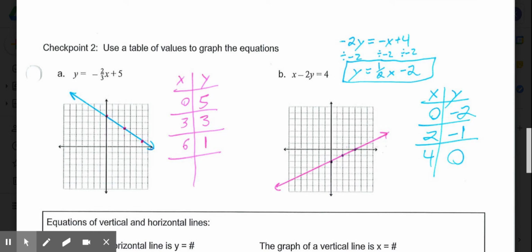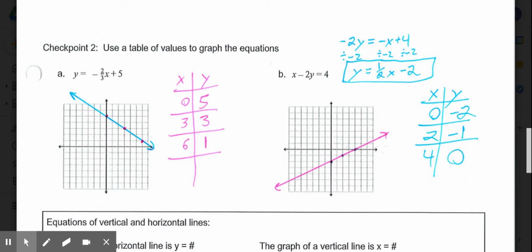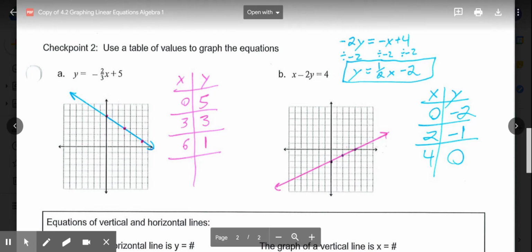If I put a 3 in here, 3 times a -2/3 is a -2, plus 5 would be a +3. And then if we put a 6 in there, 6 times a -2/3 would give us a -4, plus 5 is a +1. So our points: over 0 up 5, over 3 up 3, over 6 up 1. Connect the points and you have your line.